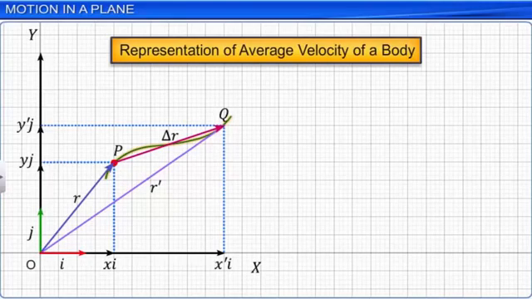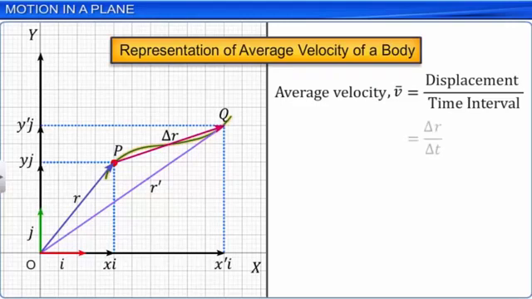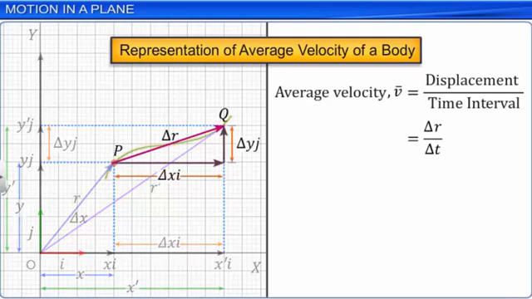As shown in the figure, delta r is substituted by delta x i plus delta y j. On simplification, we get v bar x i plus v bar y j. The direction of the average velocity is the same as that of delta r.